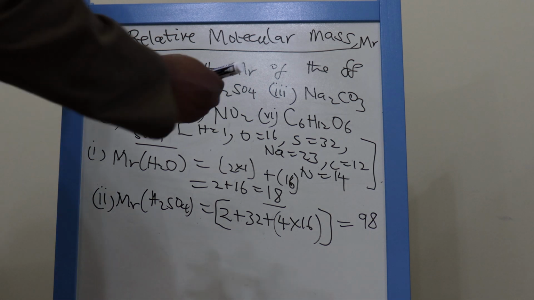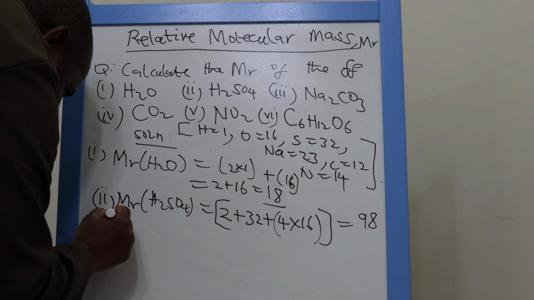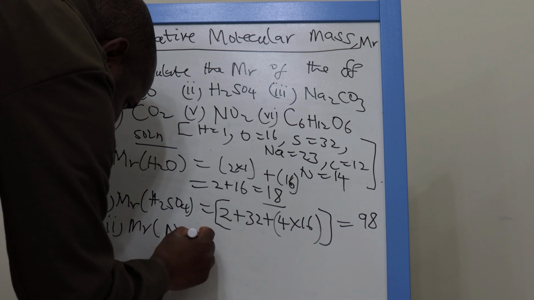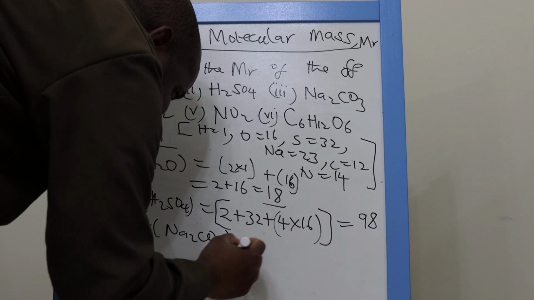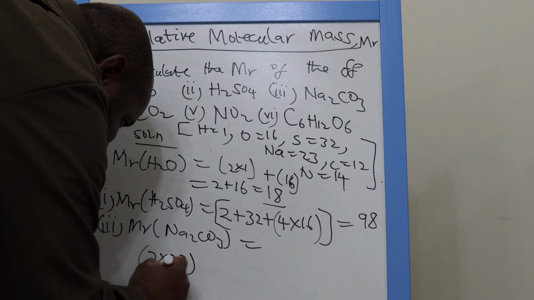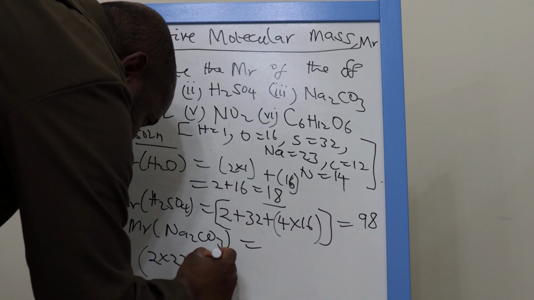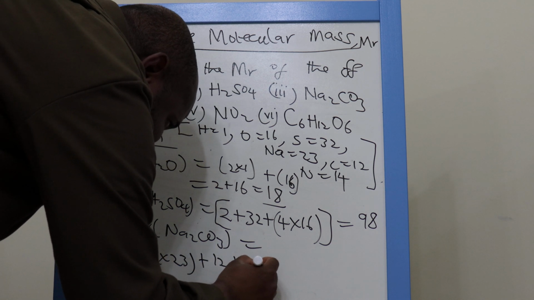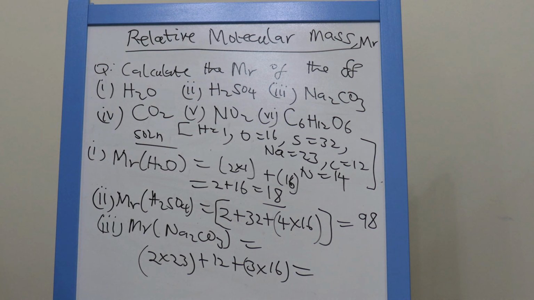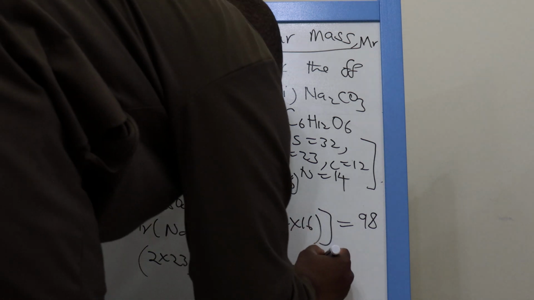For Na2CO3, we have 2 times 23, that's the sodium, plus 12 plus 3 times 16, equal to, I think you get 106.